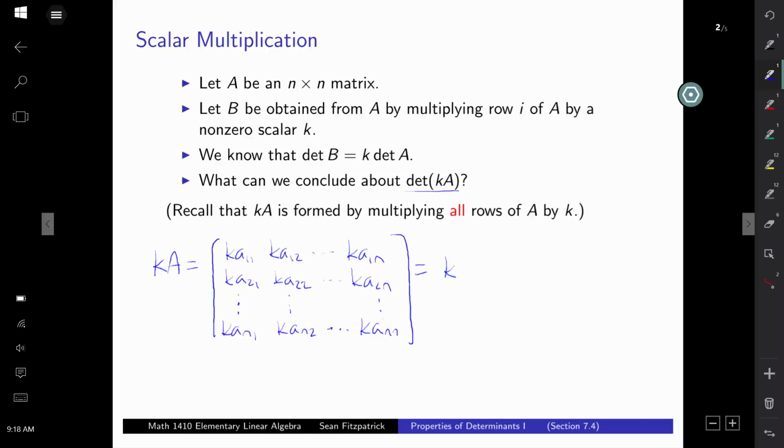So let's take determinants of these things, right? So if we want the determinant of kA, then I should do vertical bars here.